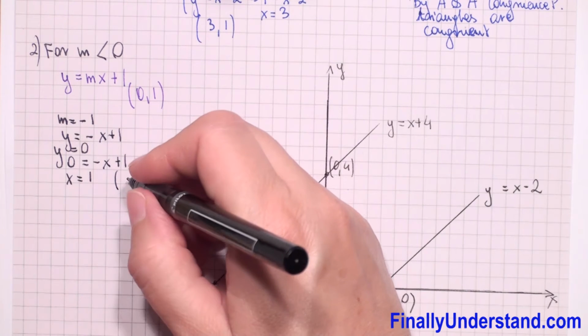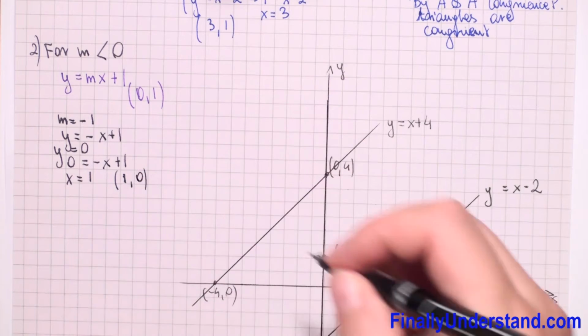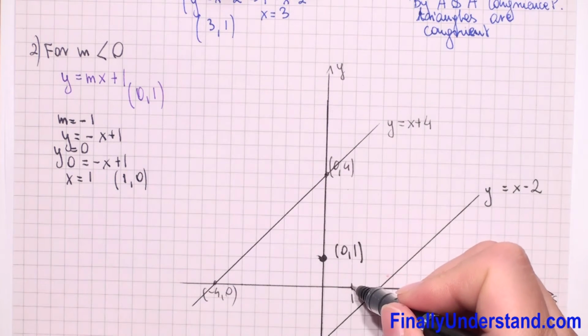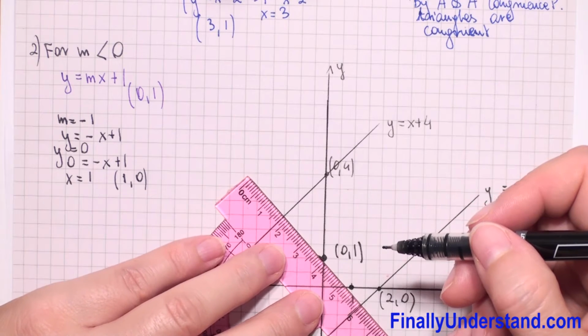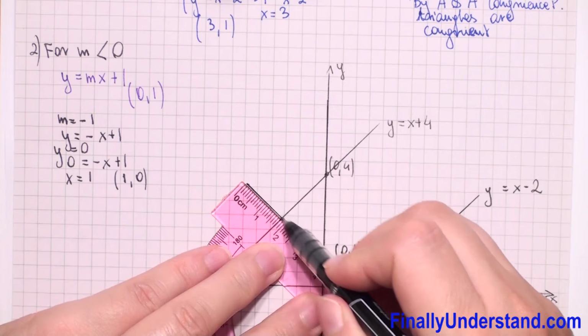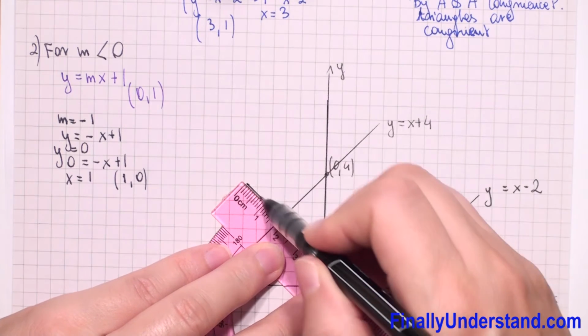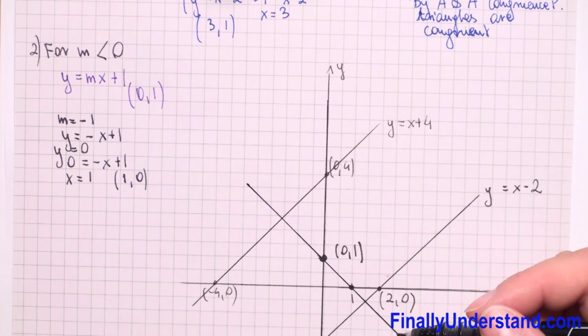So we have a second point, (1, 0). So let's put that this is our line, y is equal to negative x plus 1.